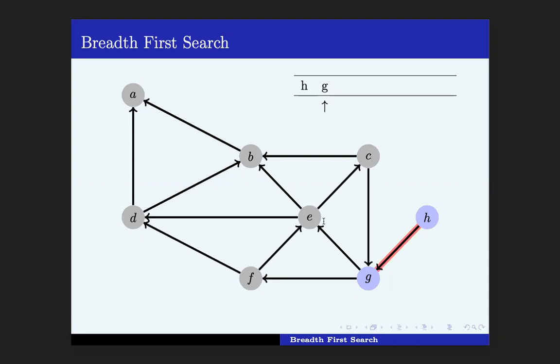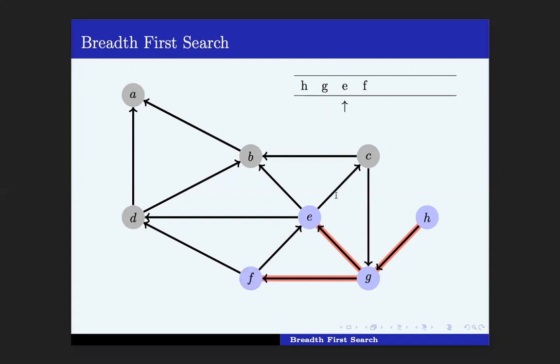At this point, E is gray, so I put E in the queue and color the edge GE red. The next neighbor of G is F. F is gray, so I put F in the queue and color it red, and I go to the next element in the queue, which is E.